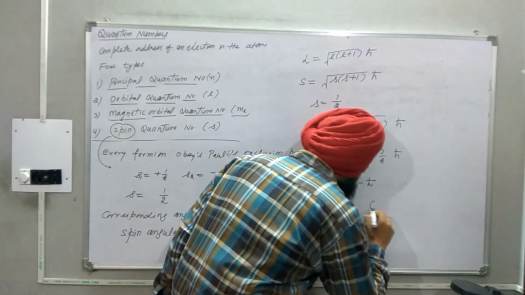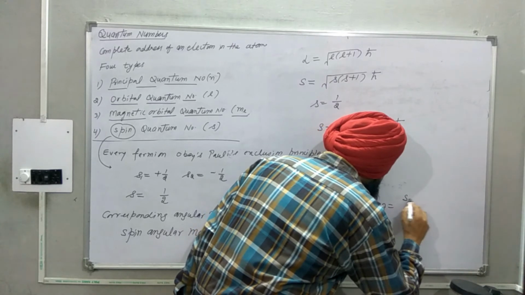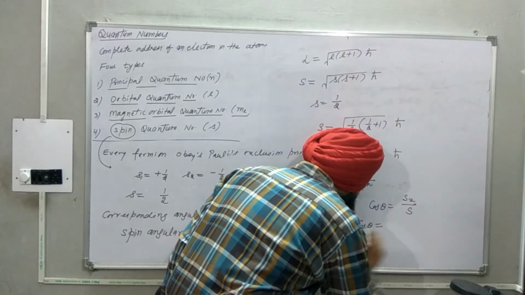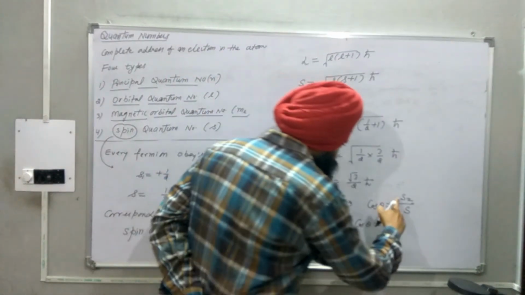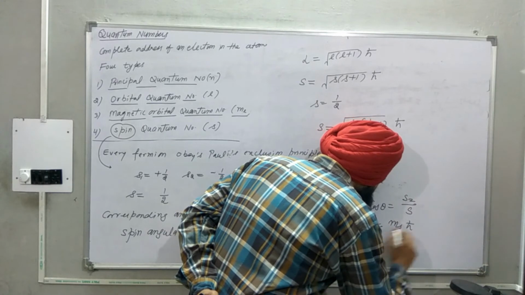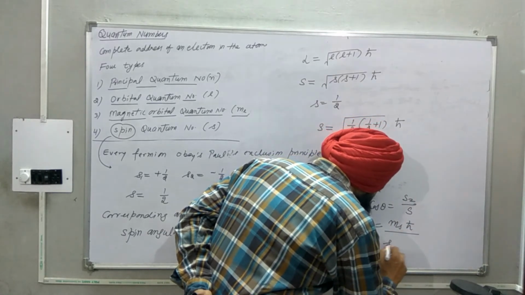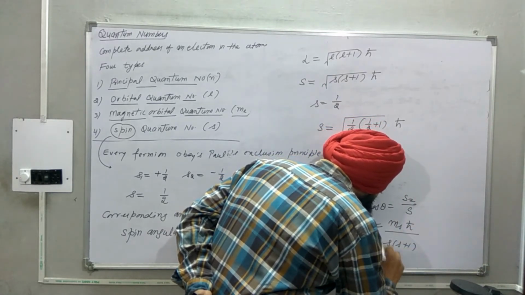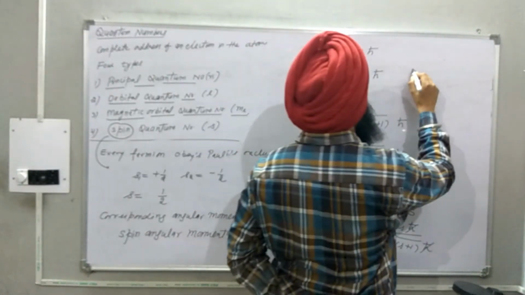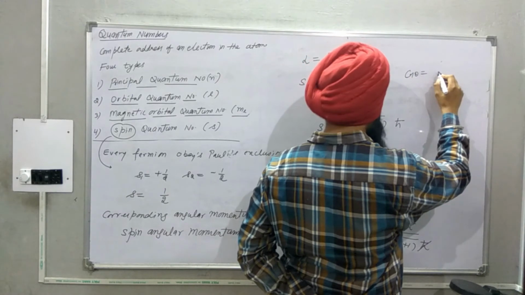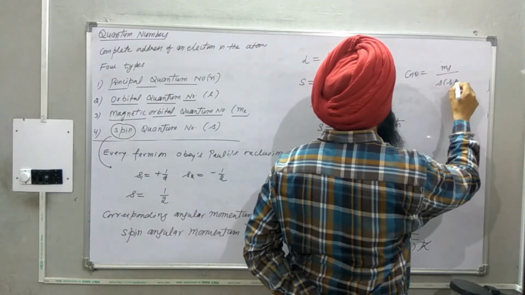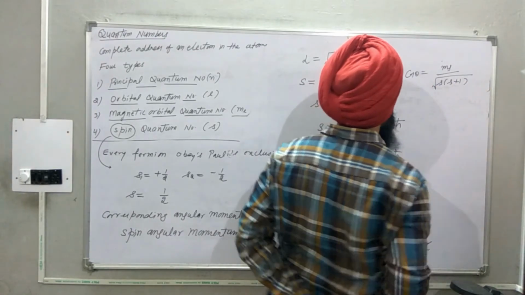So cos theta is again SZ upon S. The value of SZ is given by ms h cut, so cos theta is equal to ms upon under root S into S plus 1.